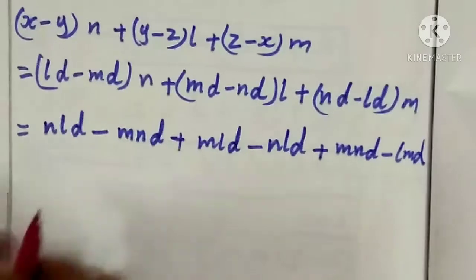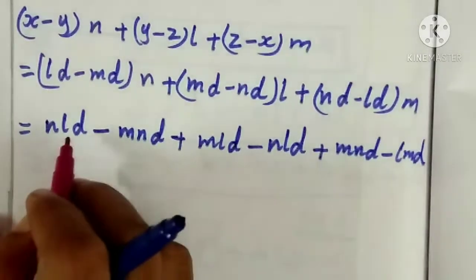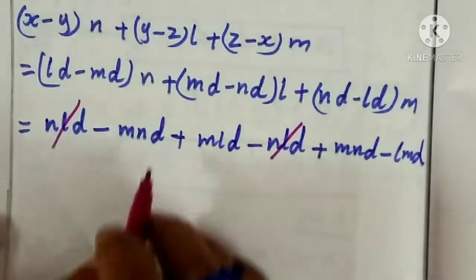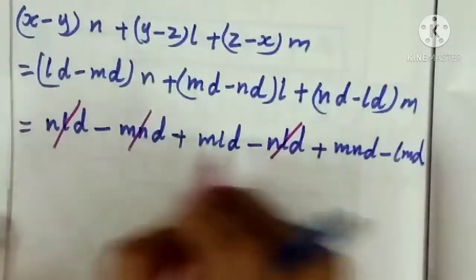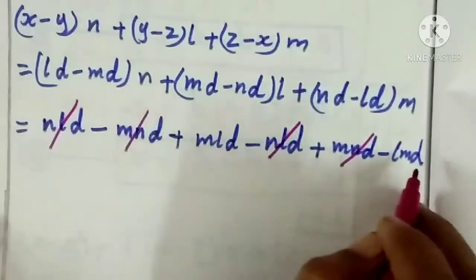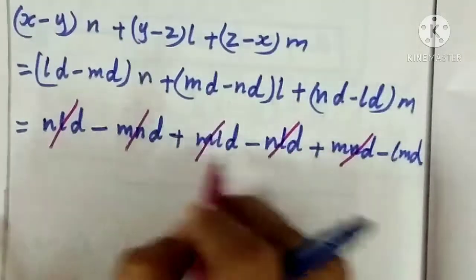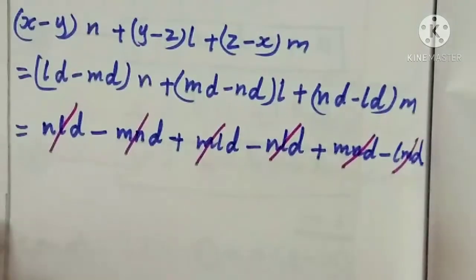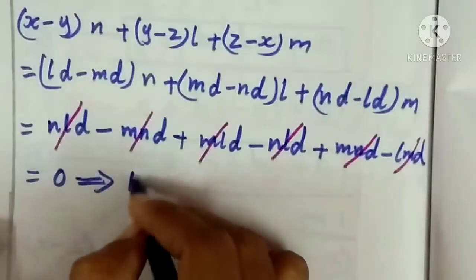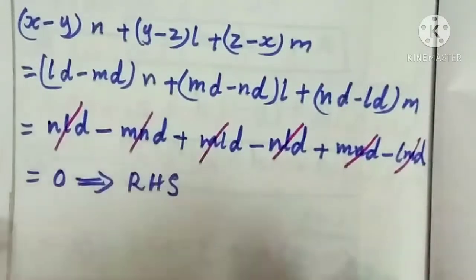Now you have to simplify the like terms. Plus NLD minus NLD cancel and get 0. Minus MND plus MND cancel. Then plus MLD and minus MLD cancel and get 0, which implies RHS, that is right hand side.